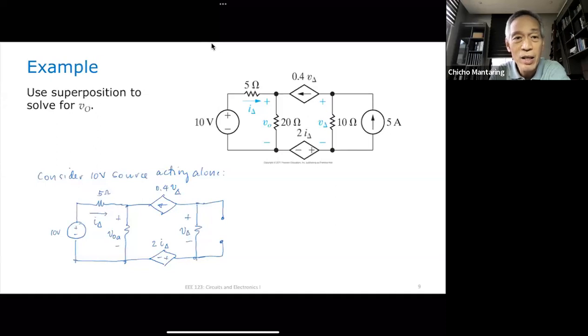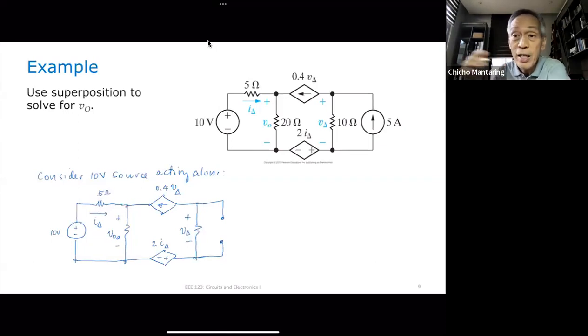Remember, an essential node has to be a point of interconnection between 3 or more elements. So this one and this one are no longer essential nodes because nothing else is connected here. In effect, my essential nodes are now this one and this one. Therefore, how many KCL equations will I have? I'll only have one KCL equation.